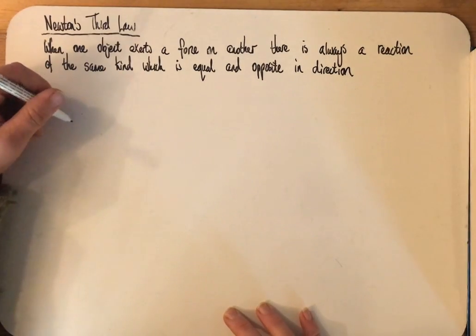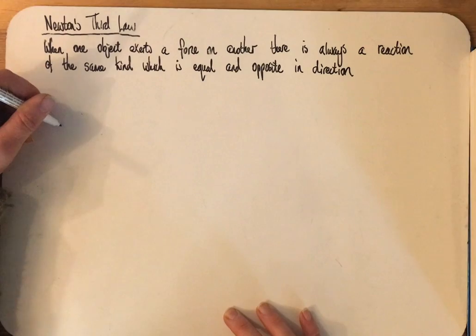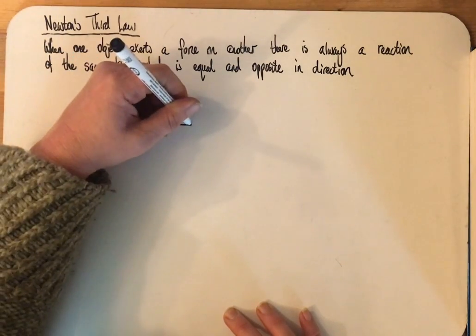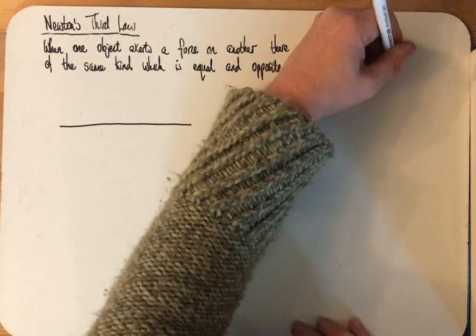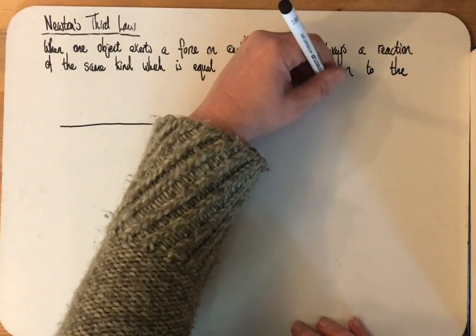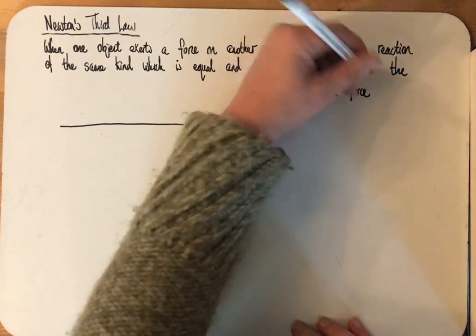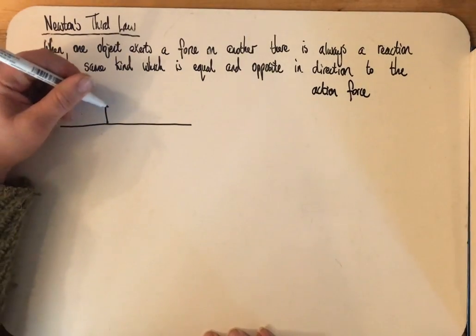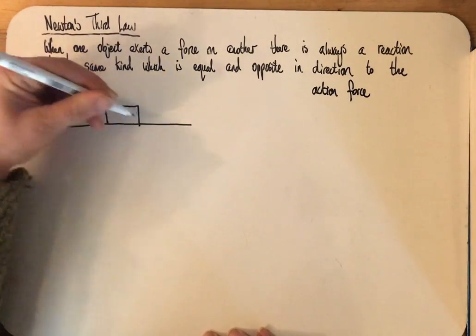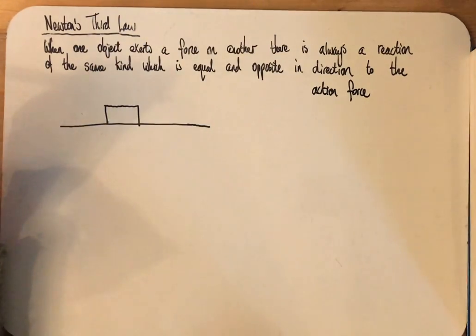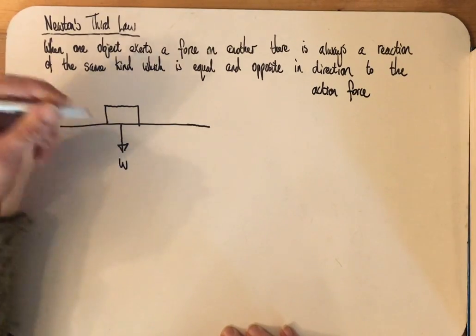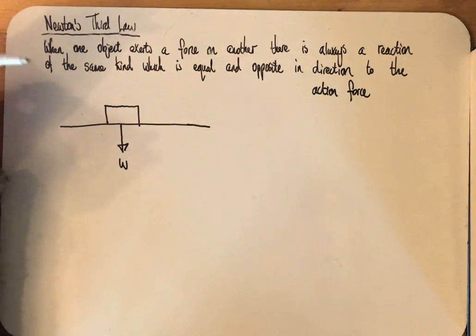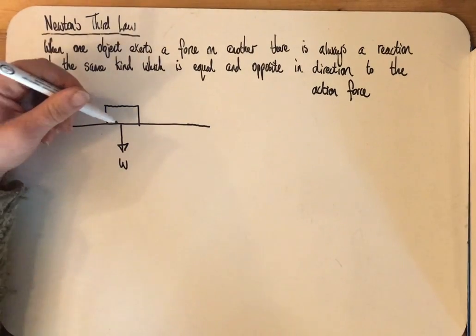So if we think about having a table, Right, so if we've got a book on a table and we're just looking at the forces acting on the book, then there's the book's weight acting downwards, and there's a reaction force of the same kind which is equal and opposite in direction.